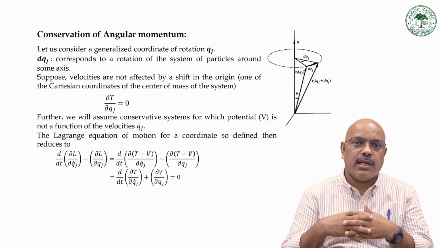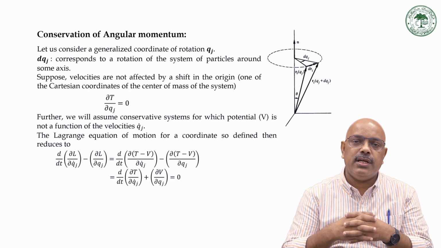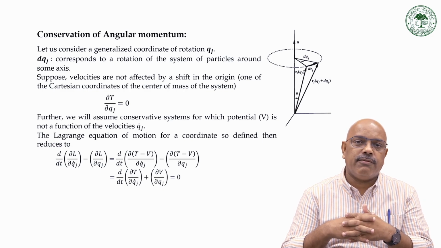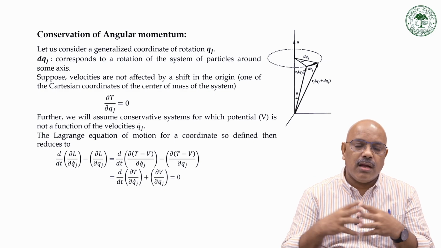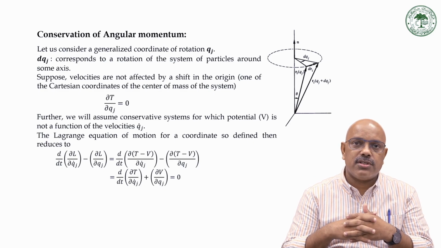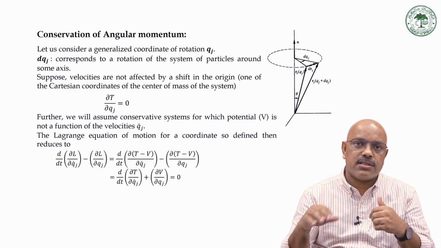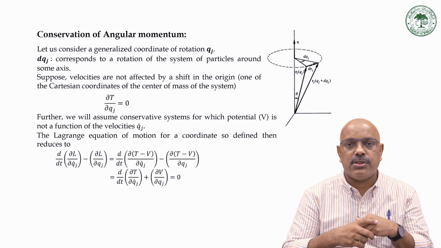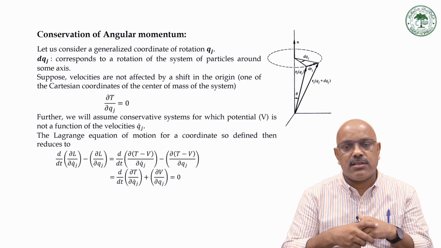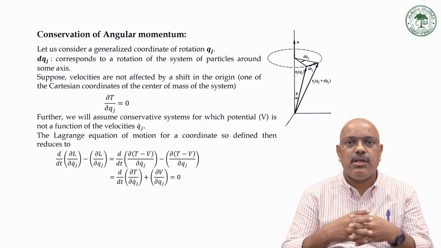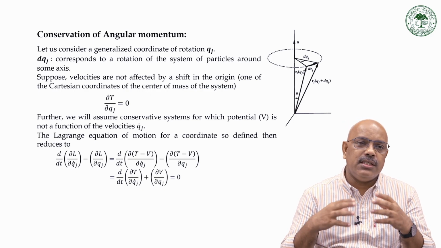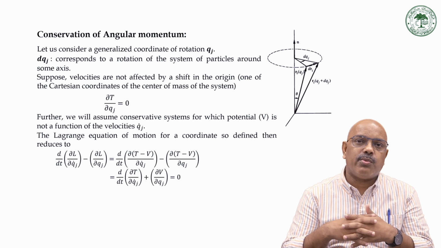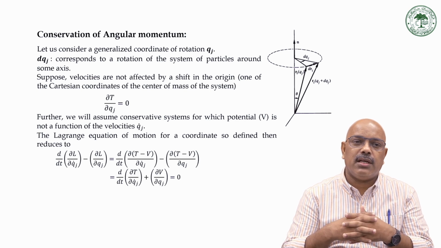In the same way, we are going to learn about angular momentum. Consider a system with the Lagrangian defined by the coordinate which defines the rotation of the system in configuration space. If your system rotates from one position to another position, and the rotation coordinate is qj, which is naturally going to be theta in that case, then d theta or dqj corresponds to the rotation of the system or particle around some axis.